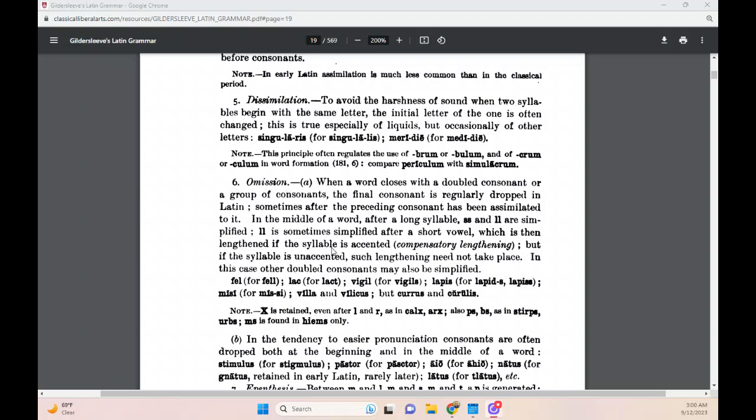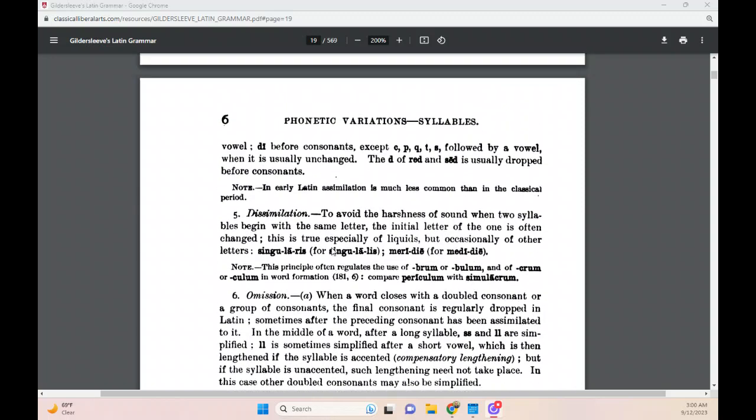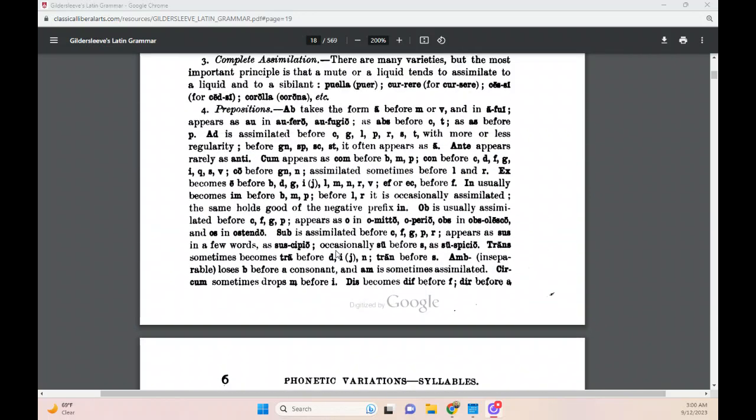Here's another example. We have the word ostendo. We have one, two, three separate vowels, so we know that there will be three syllables. We have two consonants in between two vowels, but these two consonants can begin a word, so we'll keep them together.